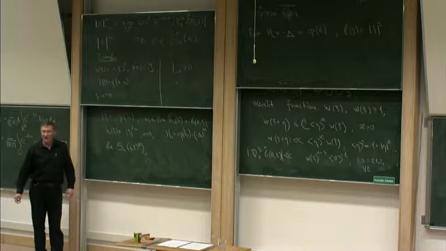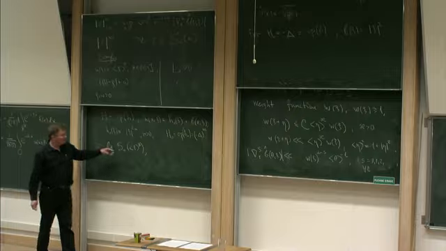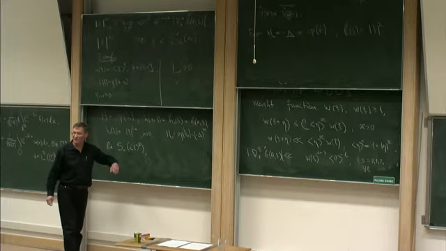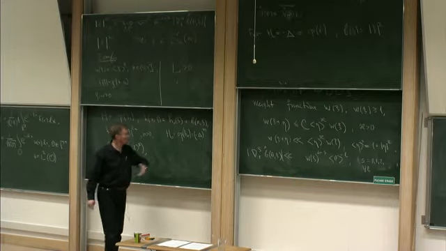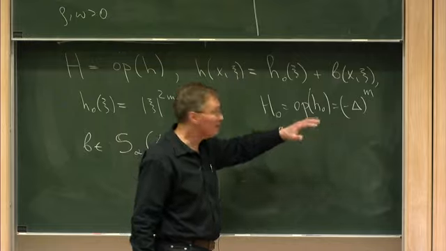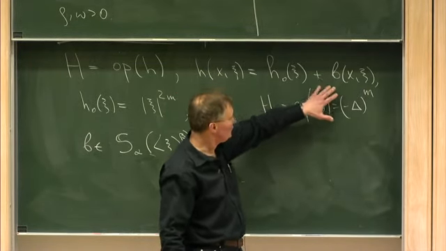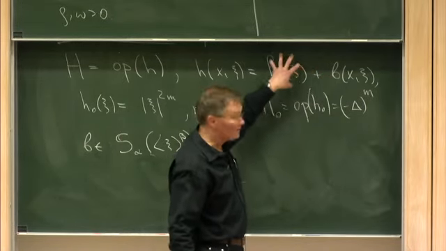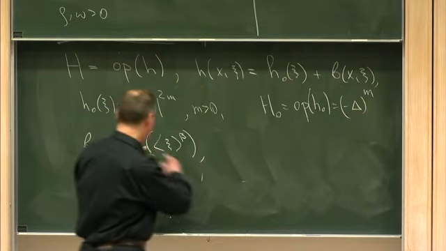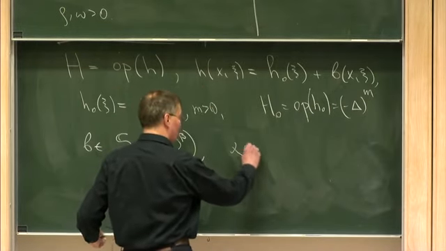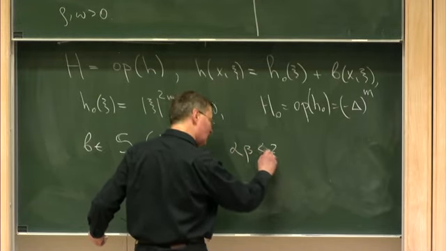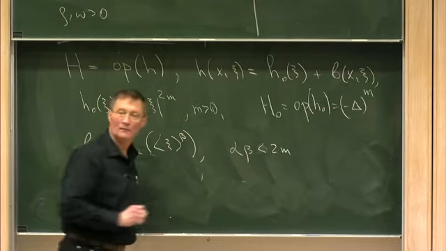Now, if you're familiar with operator theory, we'd better ensure that this operator is well defined. So we want to take this symbol in such a way that it grows slower than the symbol of the unperturbed operator. So here I will take alpha plus beta strictly less than 2m. Okay?